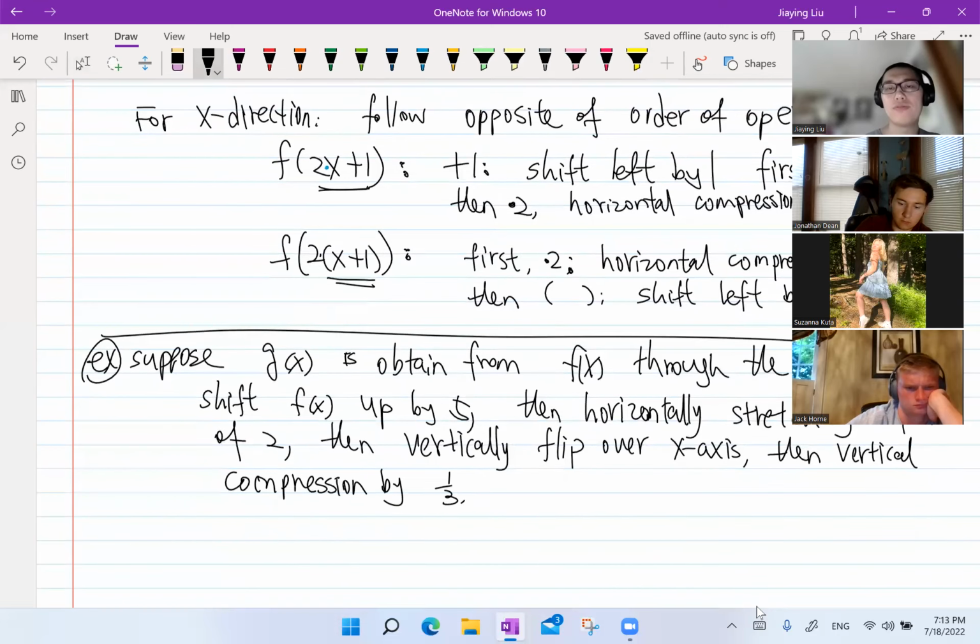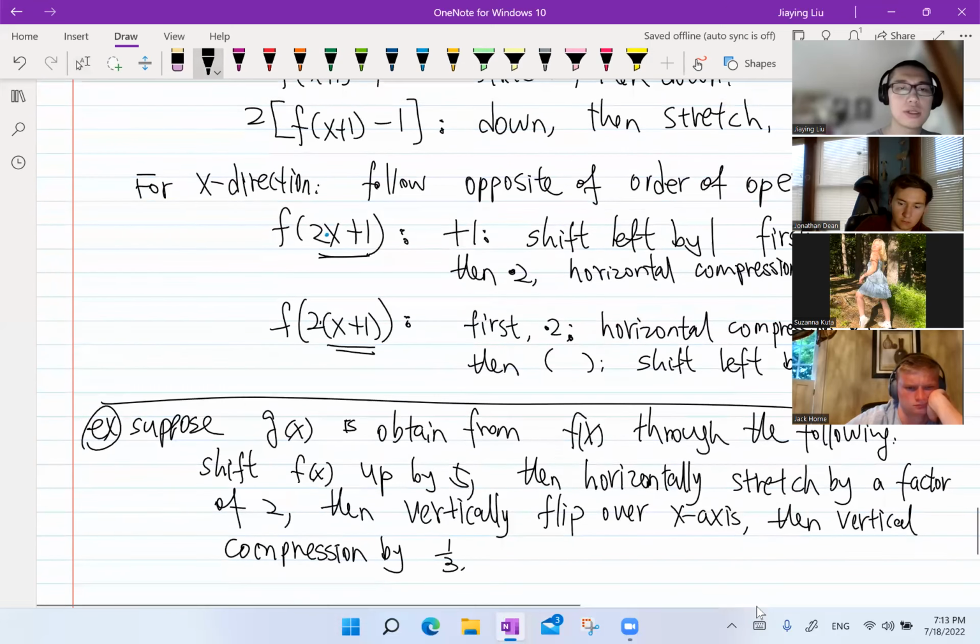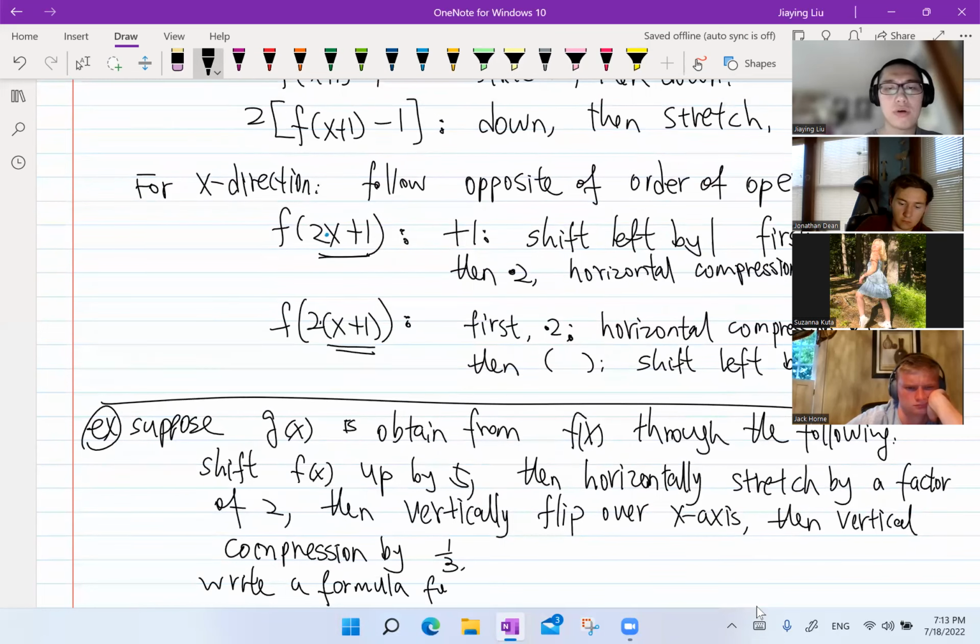So write a formula for g of x in terms of f of x.